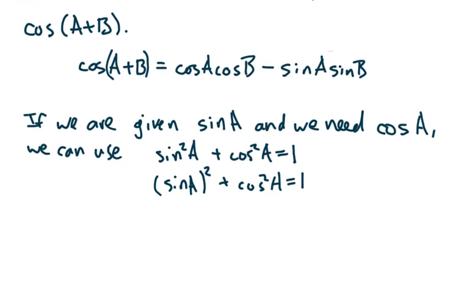Sine of a is negative 3/5, so sine of a parentheses squared means negative 3/5 squared. And doing this is going to be how we find cosine of a. What I'd like you to do is try to simplify this on your own, solve for cosine of a. Okay? So pause this, and I'll join you in 3, 2, 1.